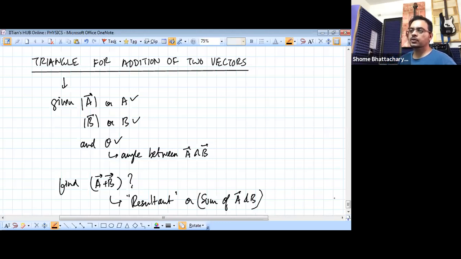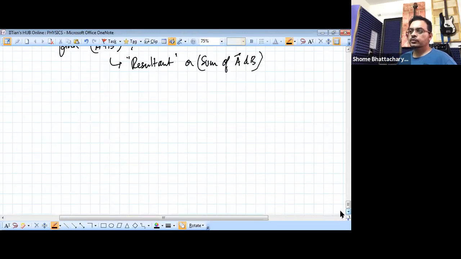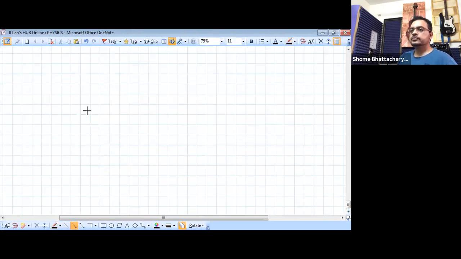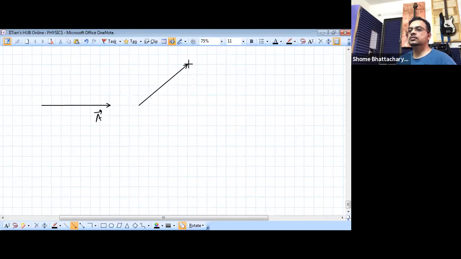That is the principle of triangle law. So what we do in triangle law is, suppose we know that this is the vector A, and this is the vector B. So I know that the angle between A and B in this diagram will be which angle?